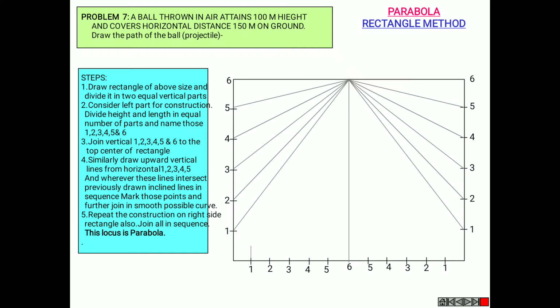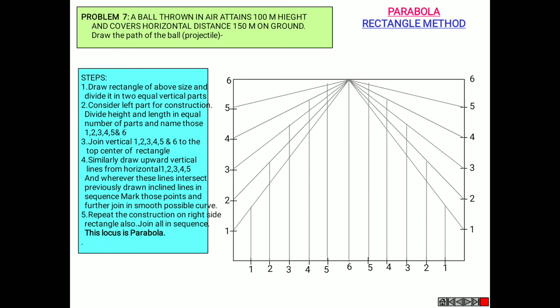Okay, now from the bottom face points 1, 2, 3, 4, 5 and 6, draw vertical lines to intersect those inclined lines. After intersecting, mark the points. See, it's 1 to 1, 2 to 2, 3 to 3, 4 to 4, 5 to 5, and 6 to 6 is already existing. Now mark the points.